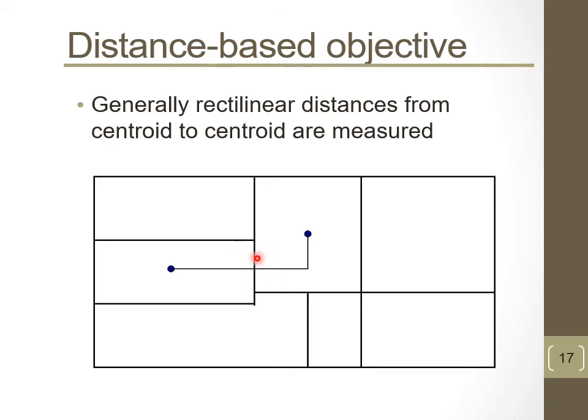So we are not saying that the distance is 0. We say that, okay, the centroid of this department is here, and the centroid of this department is here, and basically we use this rectilinear distance between them. Of course, you may use different metrics, or you may try to calculate the actual distance between these two departments, but in most cases we use the centroids and we use the rectilinear distance.